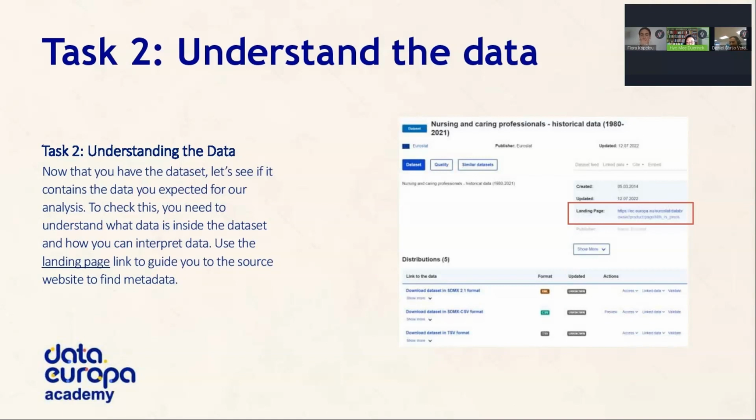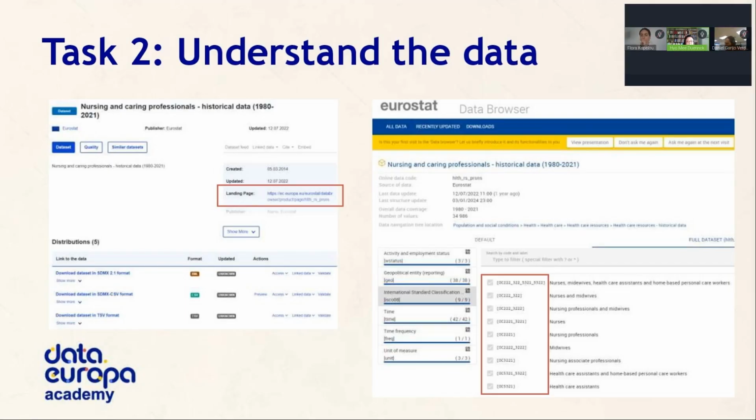So if you look at the landing page, in this case it looks like this. Also, it depends, of course, on the provider of the data set. Here we can see that in the left column we have the different data points in the data set.